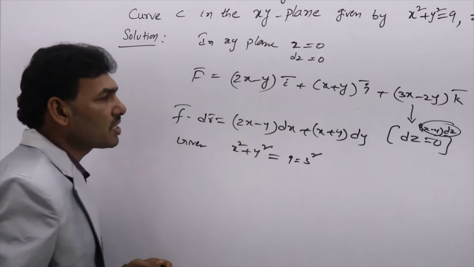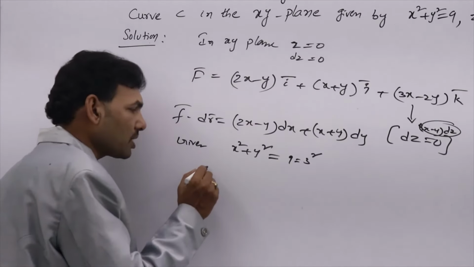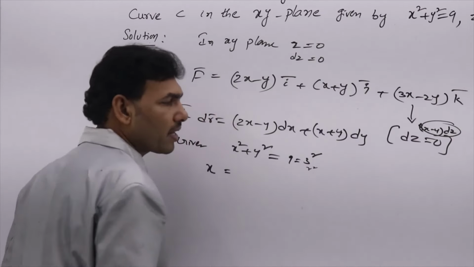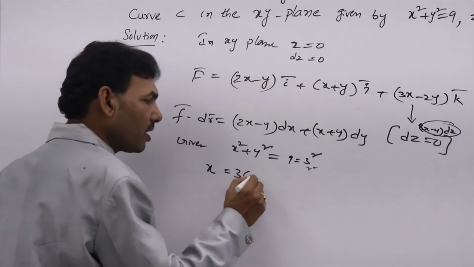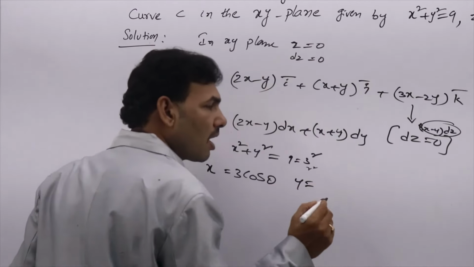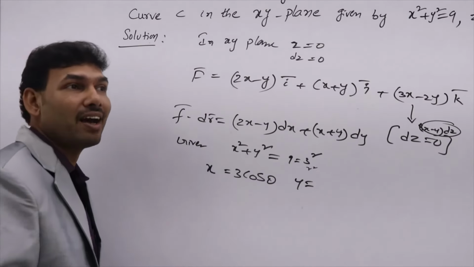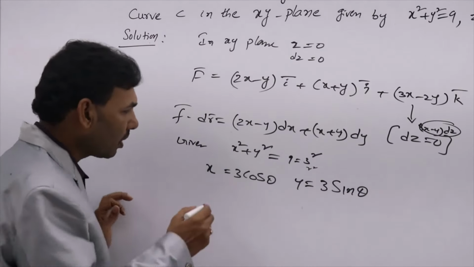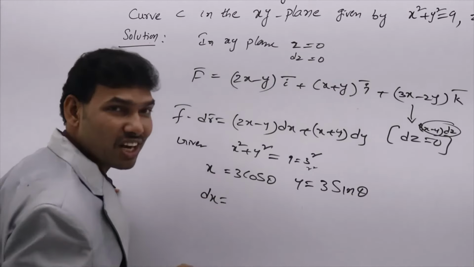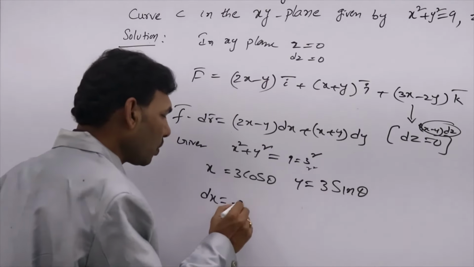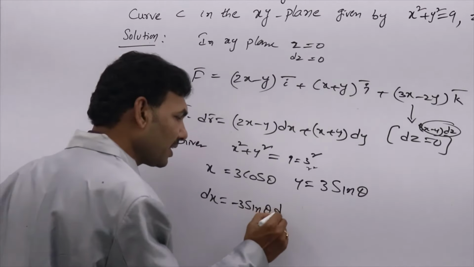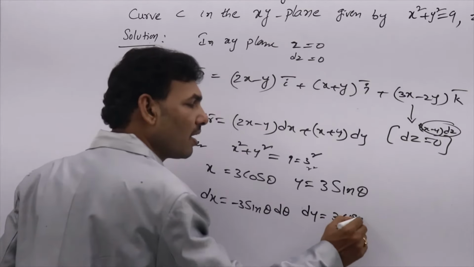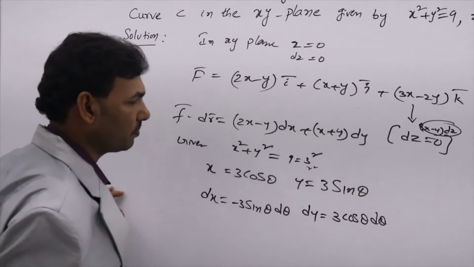To convert this Cartesian problem into polar, substitute x equal to r cos theta, where r is 3, so x is 3 cos theta. y is r sin theta, which is 3 sin theta. Now dx, the differentiation of cos theta is minus sin theta, so you get minus 3 sin theta d theta. dy, the differentiation of sin theta is cos theta, so 3 cos theta d theta.